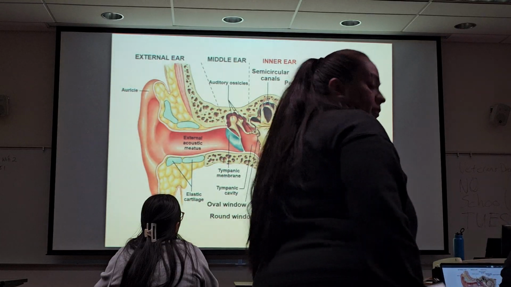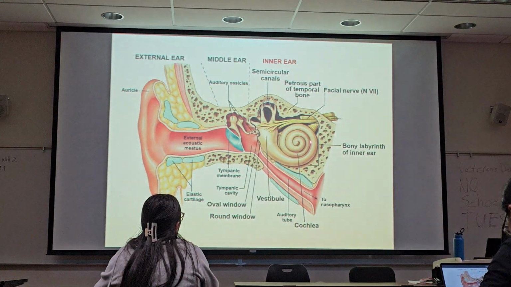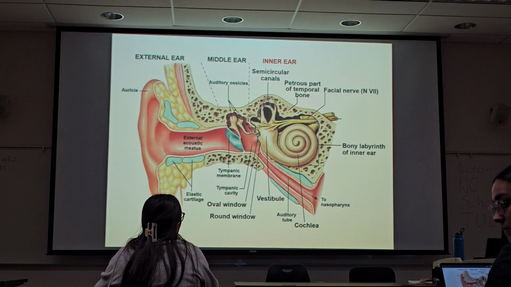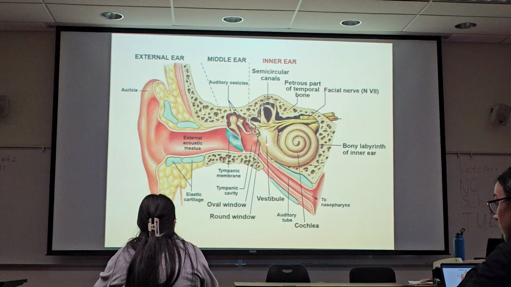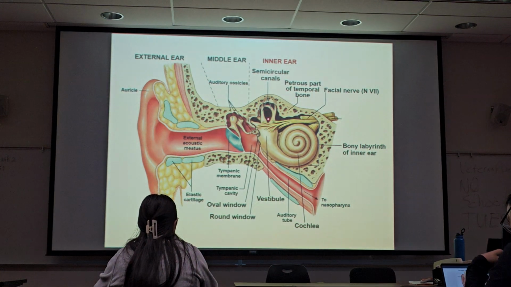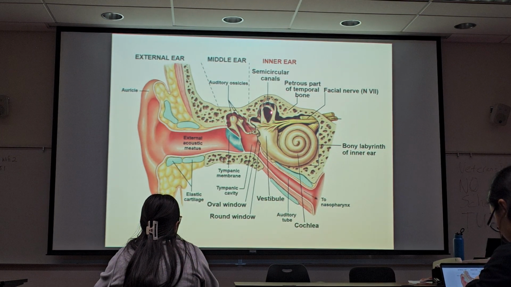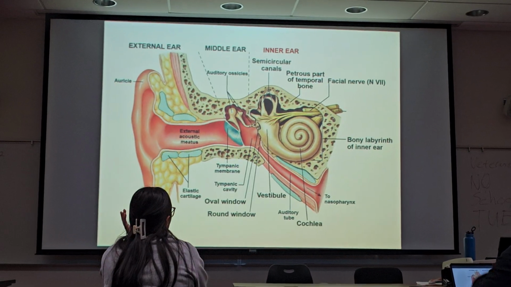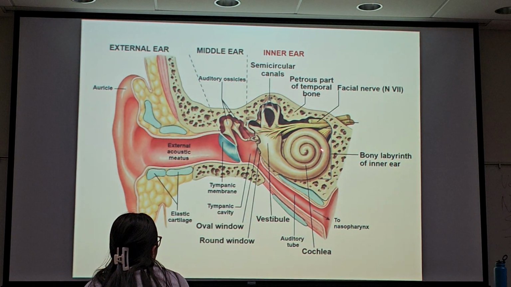Part of the bony labyrinth is called the vestibule. That has semicircular canals, and this is devoted to equilibrium. The other part of the bony labyrinth is the cochlea. Looks like a seashell.